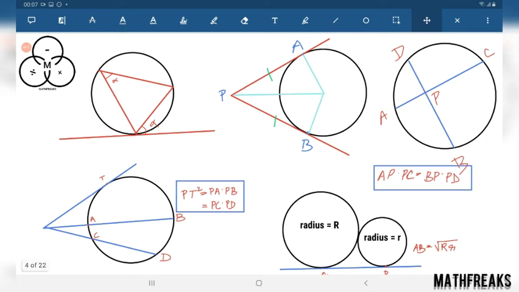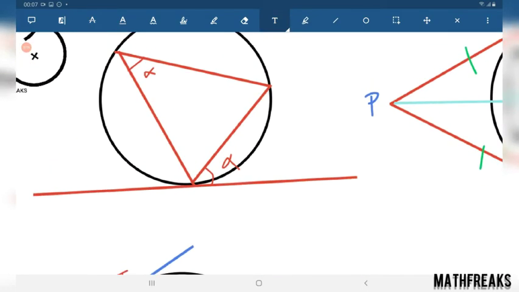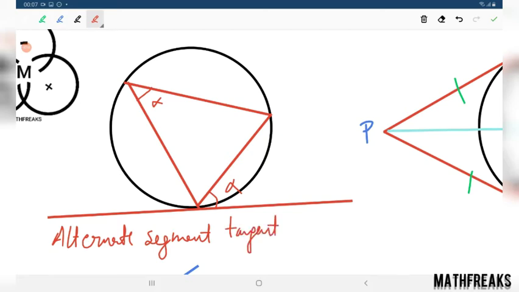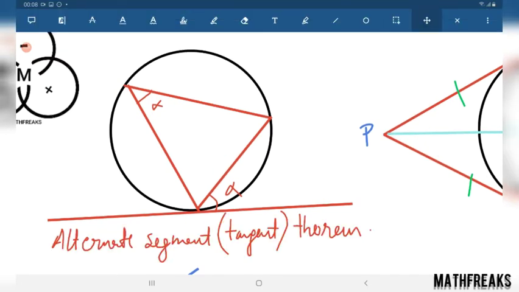Let us move forward to discuss tangents. Very important thing, this is called the alternate segment theorem. Some would add the word tangent. Now, why is this called the alternate segment tangent theorem?